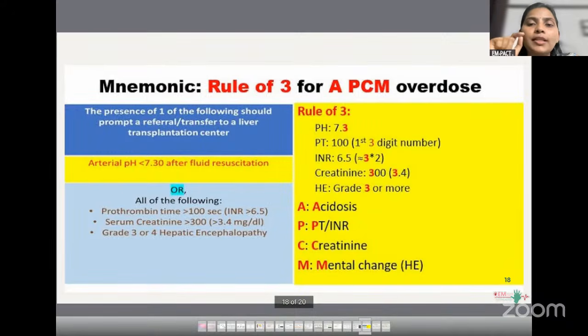Okay, or INR, it is 6.5. You can think 6.6 also. It is 3 into 2. And the creatinine value is 3.3. You can remember, or it's 300 micromoles. Mental change means hepatic encephalopathy grade 3 or more than 3. Okay, so I think it will be easy for you guys to remember.